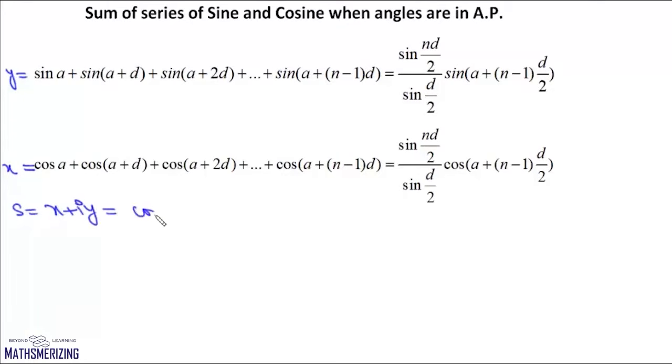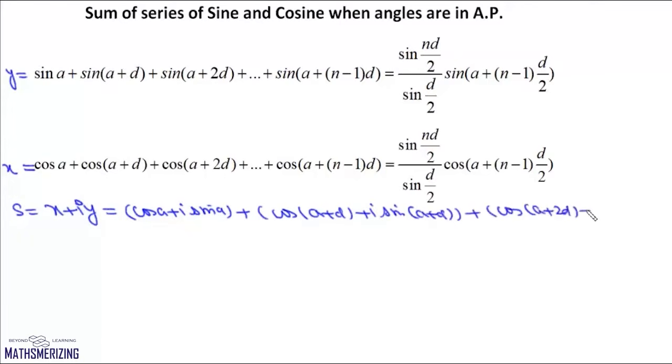So we can write this as cos A + i sin A plus cos(A+D) + i sin(A+D) plus cos(A+2D) + i sin(A+2D), and it goes all the way up to cos(A+(n−1)D) + i sin(A+(n−1)D).